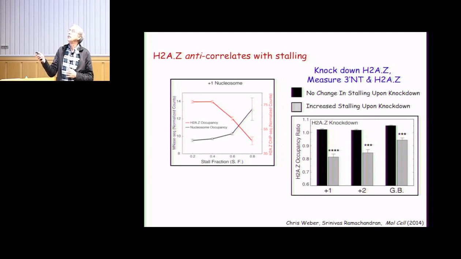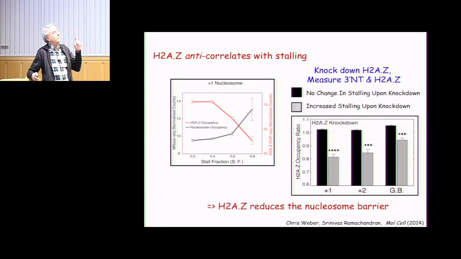And what you see for +1, +2 in gene body nucleosomes is that where there's increased stalling upon knockdown, we see less H2AZ, which confirms that H2AZ is really reducing the nucleosome barrier, because where there's less of it, you get more stalling.